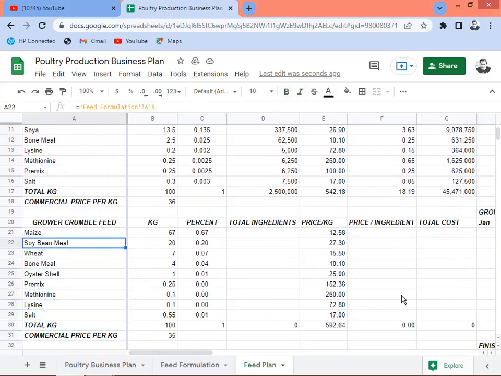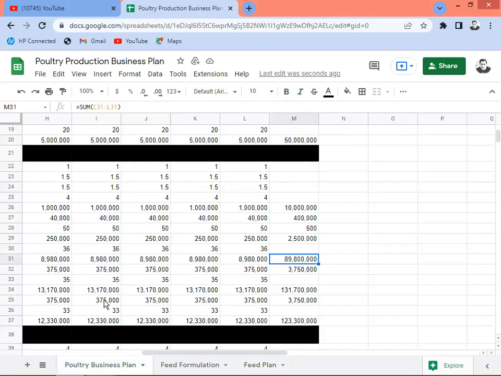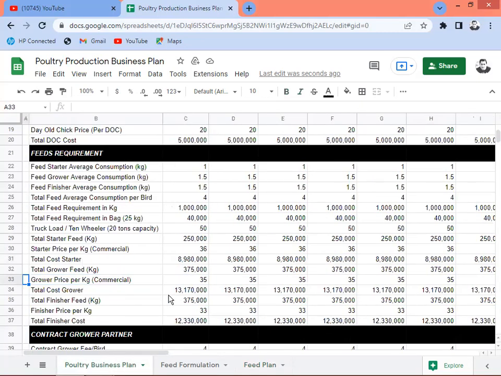For our convenience, I have already prepared this. I have already transferred the formulation from the other sheet, in terms of kilograms, and also the price. This was the basis of our poultry business plan in my previous video.